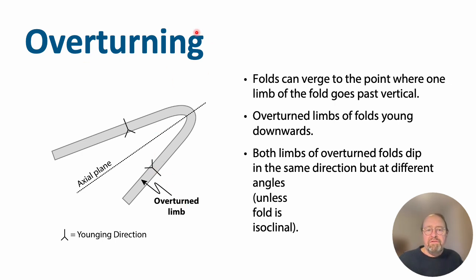That's a feature of overturning. If it continues to do that, of course, it'll be completely upside down, and then the axial plane would be horizontal. This again shows a vergence direction, in this case towards the right. But this is a common feature of folds that you should be familiar with, the overturning.